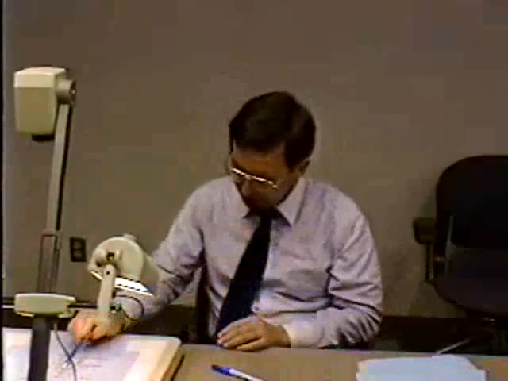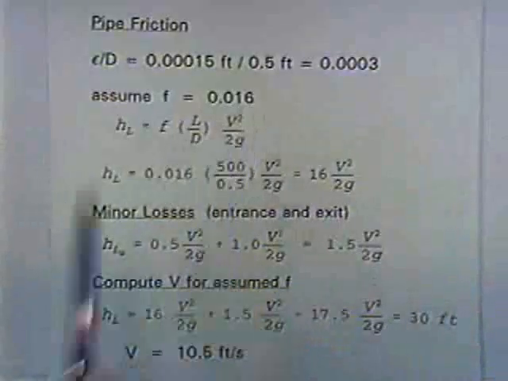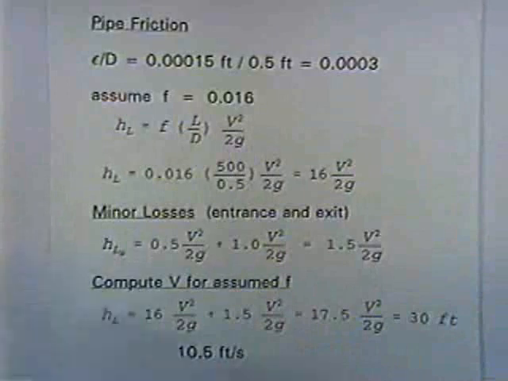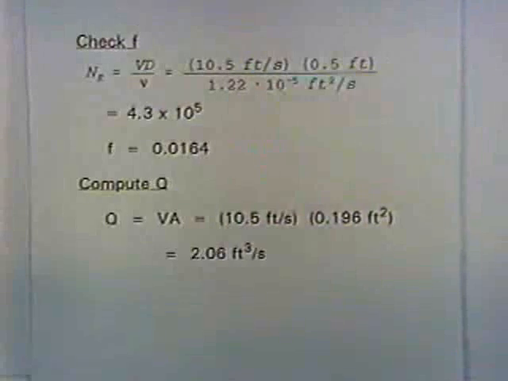And I did make this estimate because I didn't know the velocity. Now that I know the velocity, I can come back and check it to see if the friction factor is 0.016. I take the velocity, plug it into the equation for the Reynolds number, and get a value of 4.3 times 10 to the fifth for the Reynolds number.